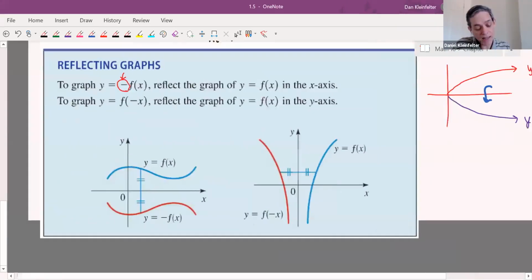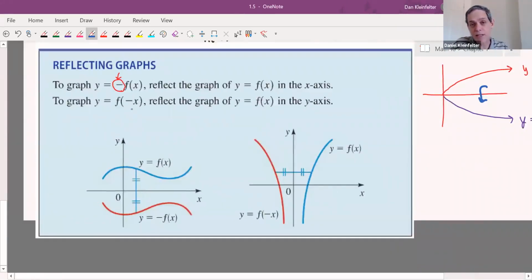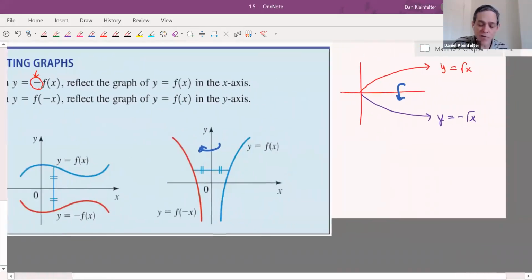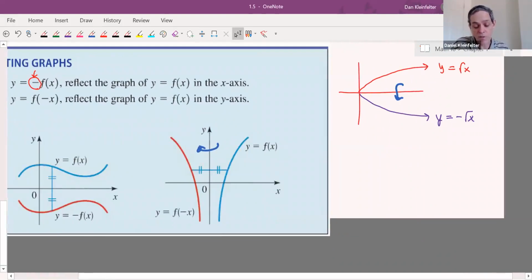If instead we're making the adjustment on the x values, we're now reflecting in the x direction. If we're reflecting in the x direction, we're reflecting across the y-axis. So let's see an example of that. We had the graph of the square root. Why not stick with that?